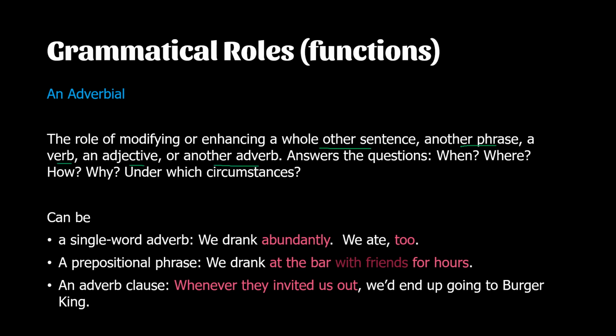An adverbial answers the questions why, when, how, and under which circumstances. So let's look at some examples. We drank abundantly answers the question how. We ate too also answers the question how.